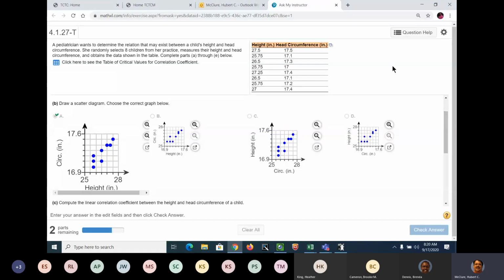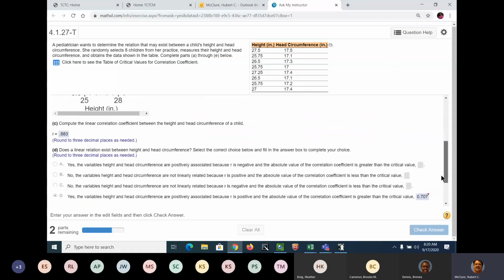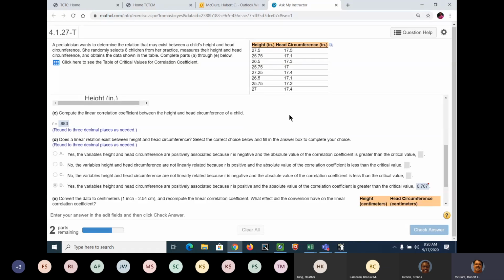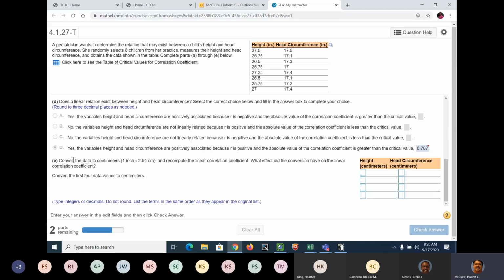So I'm trying to get back out of this and go down. There is our R, 0.883. That's what I got. Okay. Does a linear relationship exist? Yes. Right here. Variables height and circumference are positively associated because you have a positive slope, and R is greater than the critical value of 0.707. Now this 0.707 comes from the table right here.